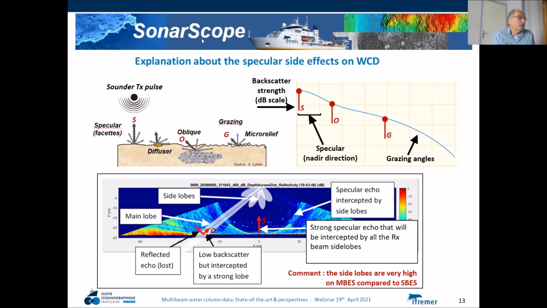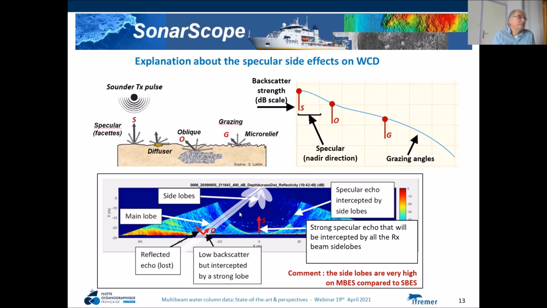Now let's look at how the sounder works. The multibeam echosounder listens to the sonar echoes in a great number of narrow reception beams, typically 1 degree beams. You see here an example. So it's 1 degree here.